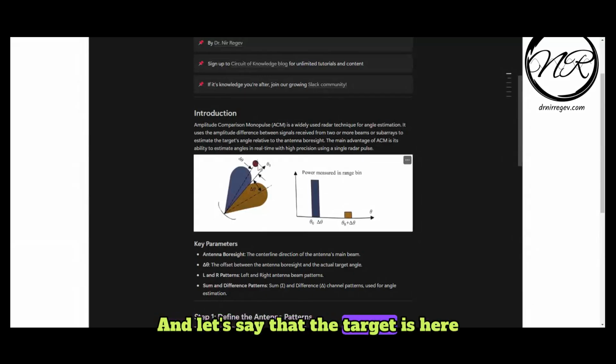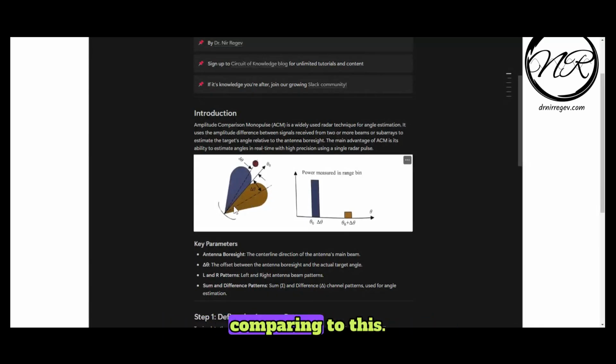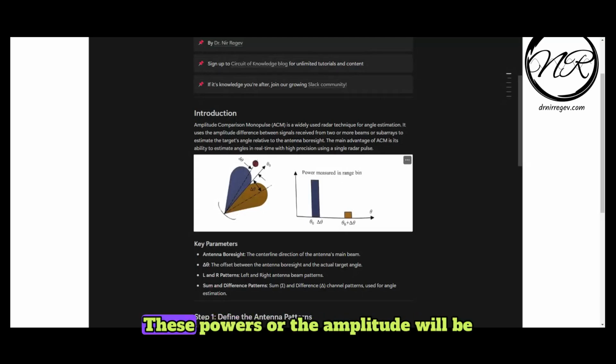And let's say that the target is here, closer to the main lobe of the left beam. The power obviously will be higher than the receiving power on the rightmost beam, which will be very, very low compared to this.